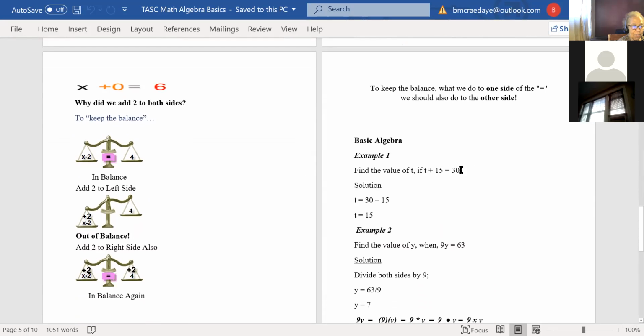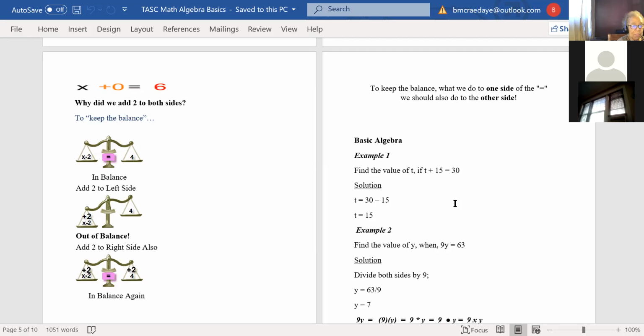Now, let's look over here, basic algebra. T plus 15 is 30. What's the only value T can be, Maureen? If T plus 15 is 30, what's the only value T can be? 15.